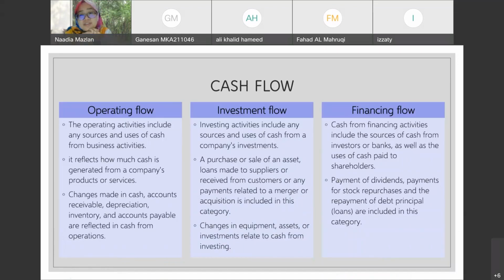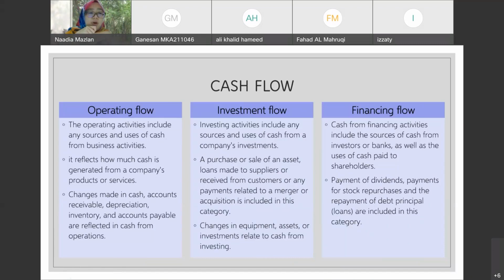When we talk about cash flow, remember that in our third week, on cash flow, we have operating flow, investment flow, and financing flow. We actually have accounts, operating account, investment account, and financing account, but here I'll call it flow because it's flowing.